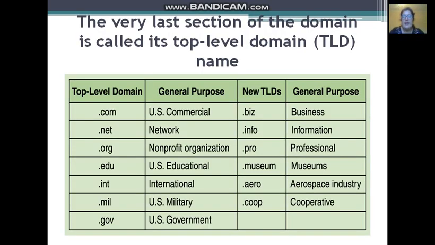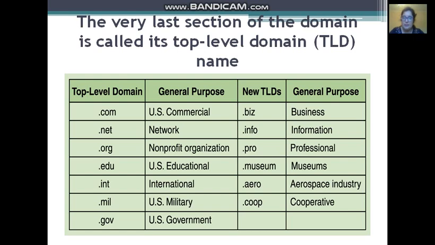And we have a table on this screen. The very last section of the domain is called its top level domain, TLD name. The first column is the top level domain.